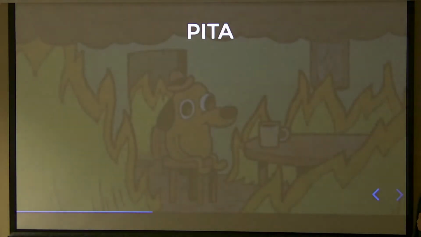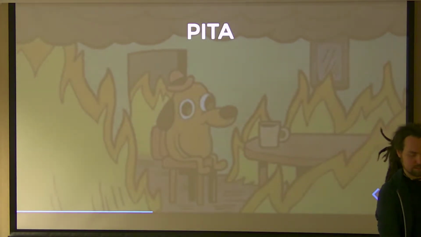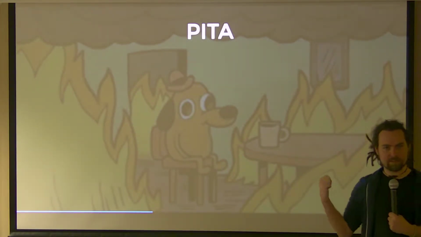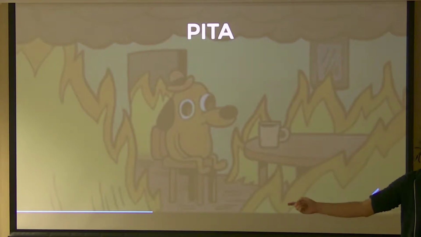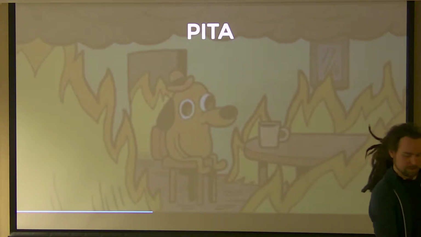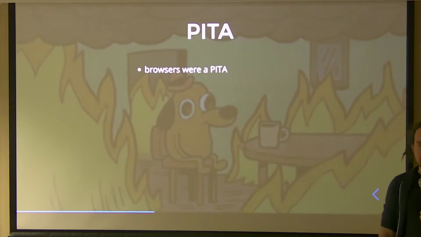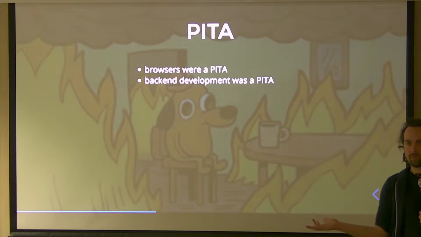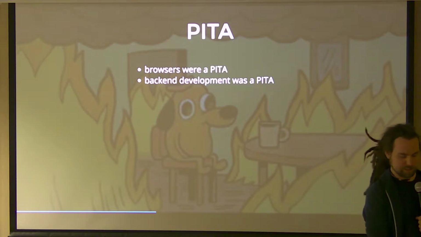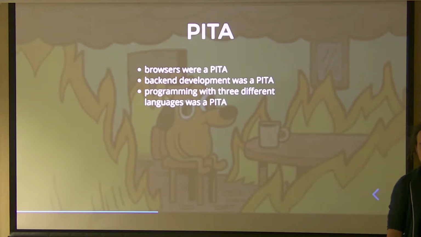The only problem is that it was a huge pain in the ass. People still thought it's fine because compared to developing the same application for all the different desktop platforms, it was better. But still, browsers were like hell. Same with backend. I mean, there were no frameworks, no nothing. Basically, everybody had everything cobbled together. Programming in 3 different languages was no fun at all.